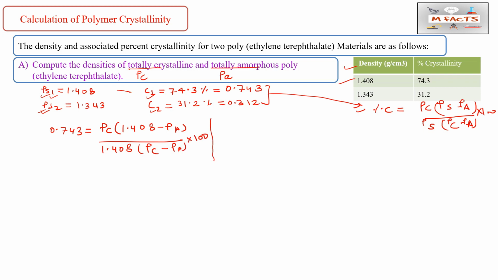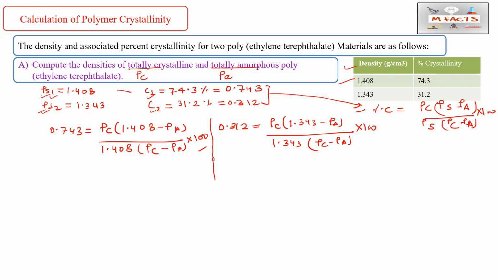This equation is for the first part. Similarly we can write the equation for the second part: 0.312 is equal to rho C, which we don't know, times the bracket of rho S2, which is 1.343, minus rho A, divided by 1.343 times the bracket of rho C minus rho A, multiplied by 100.